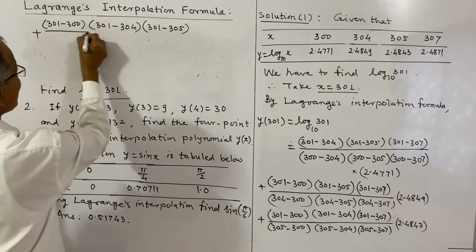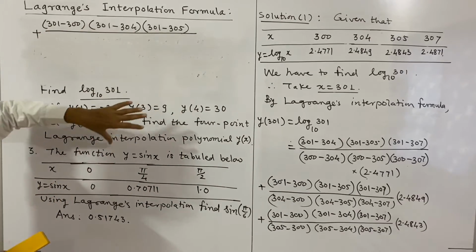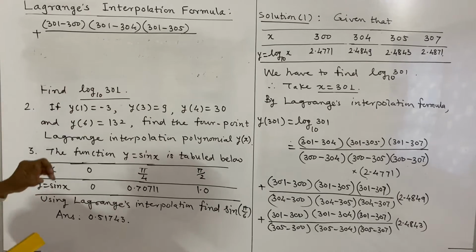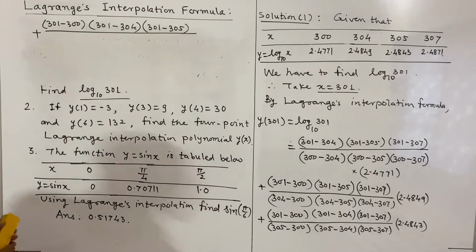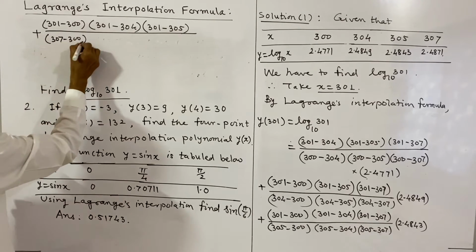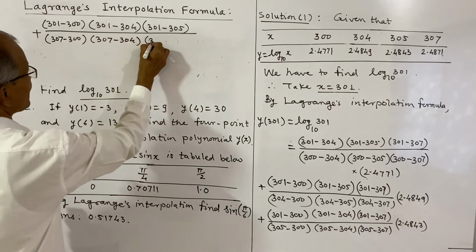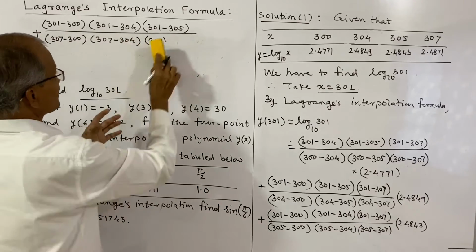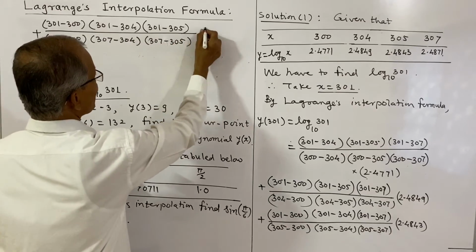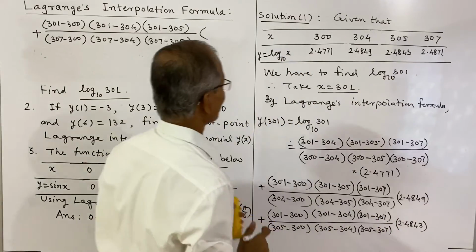At the denominator the first term, x, is to be replaced by the last value of x, that is 307. You observe the formula, how the terms are written. So 307 minus 300, 307 minus 304, 307 minus 305, and the last value of y is 2.4871.